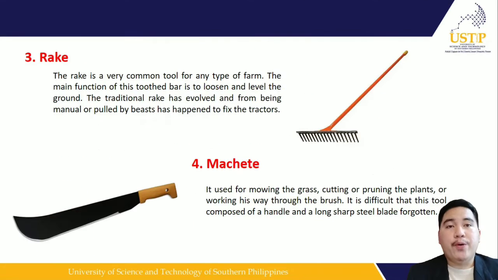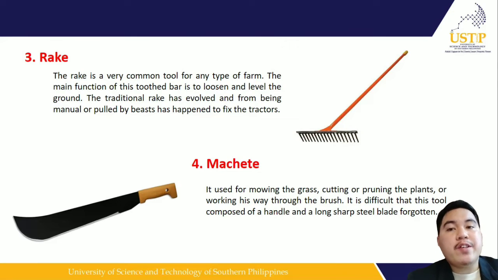Okay? So, third is we have rake. So, the rake is a very common tool for any type of farm. And the main function of this toothed bar is to loosen and level the ground. So the traditional rake has evolved from being manual or pulled by beast to being fixed to tractors.